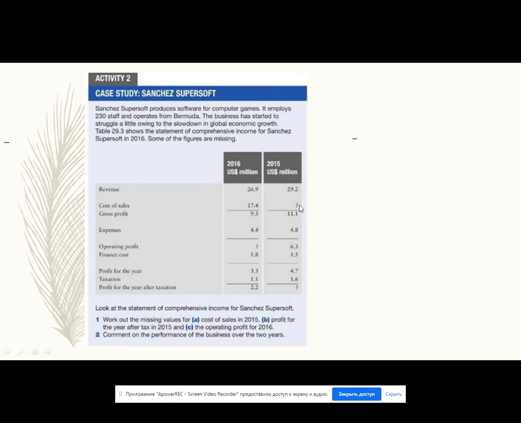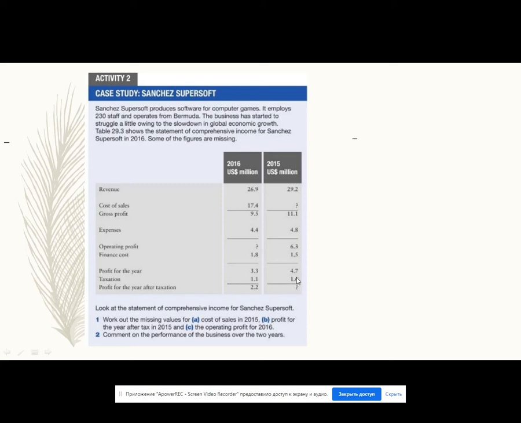It means that cost of sales is going to be 29.2 less 11.1, and it's going to be 18.1. The next one, profit for the year after tax in 2015. This one, profit for the year after tax is profit for the year, which is 4.6, less taxation.